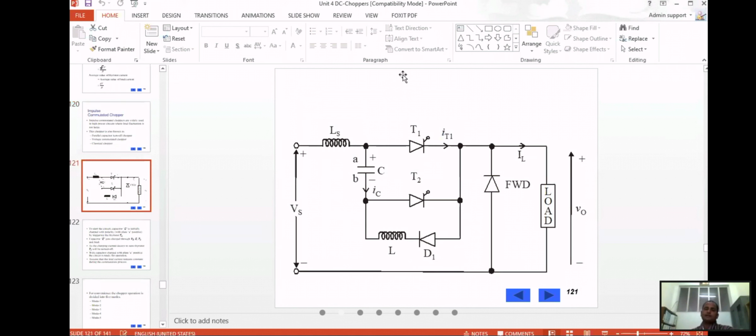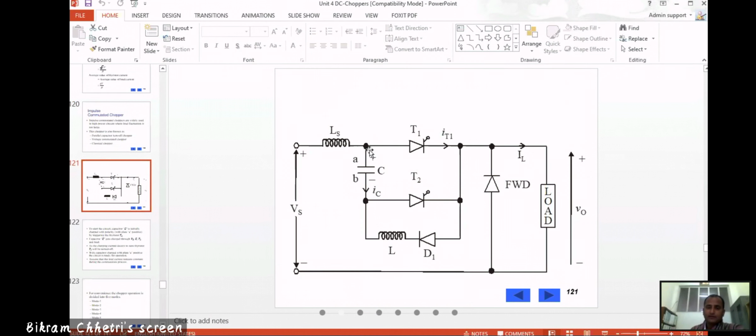So this is the impulse commutated chopper, where they use two thyristors T1 and T2 and a capacitor. When plate A is positive, the capacitor will charge, and when you give a trigger, the current will flow in this loop.